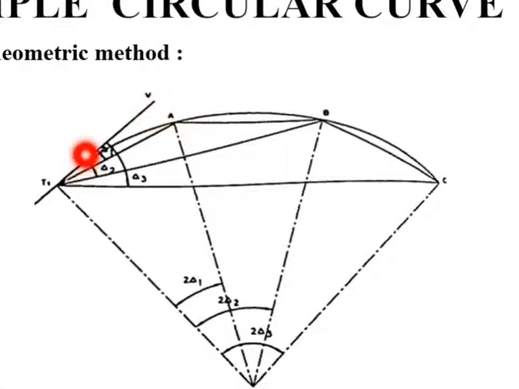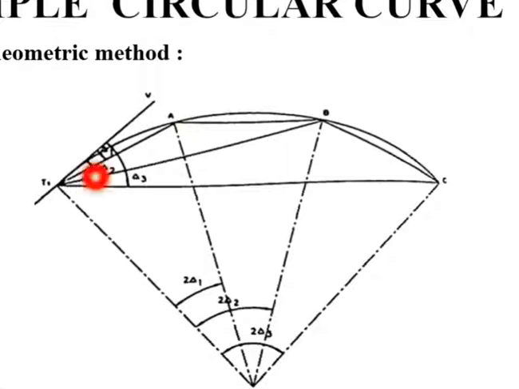Set the deflection angle delta 1 on the vernier, thus directing the line of sight along T1A. Direct the staffman to move in the direction T1A till the calculated staff intercept S1 is obtained. The staff is generally held vertical and the first point A is fixed.